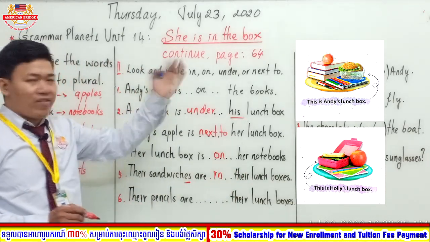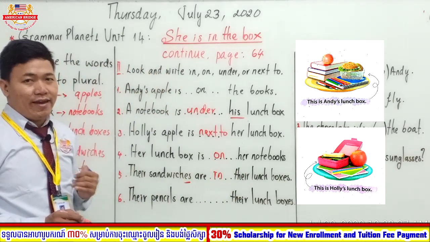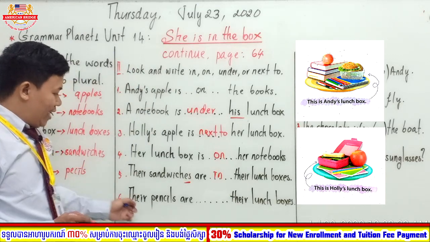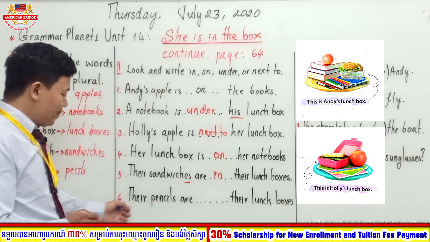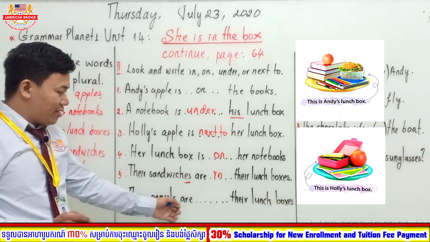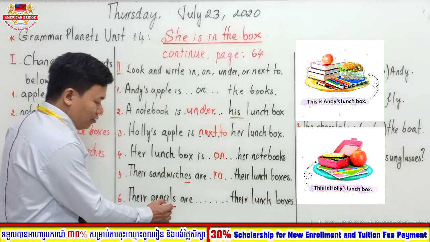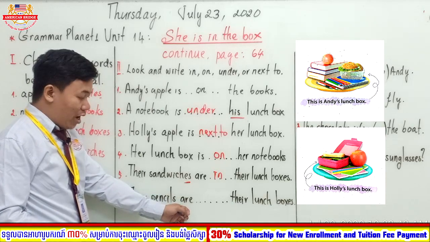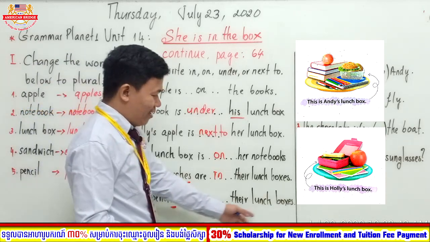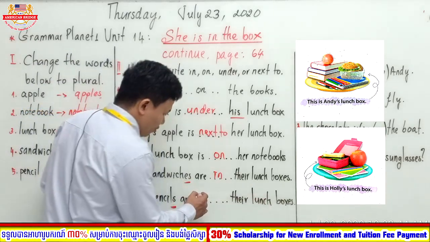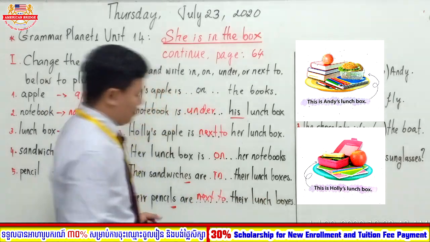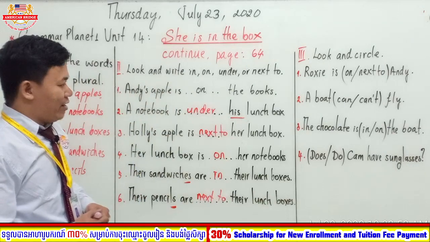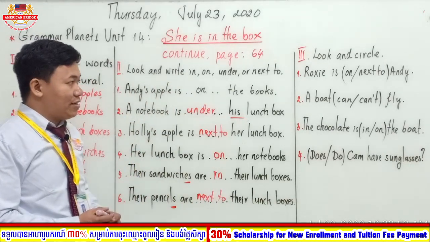So you need to look at both pictures, Andy and Holly. Great. Their pencils are, so you need to look at both pictures as well. Their pencils are, this is also plural, so we need to use are, right? Are their lunch boxes, so you need to put next to. Great, everyone. Okay, now we have done our second part.